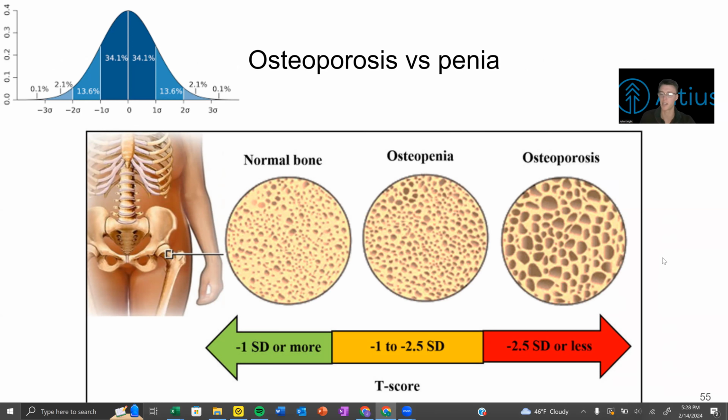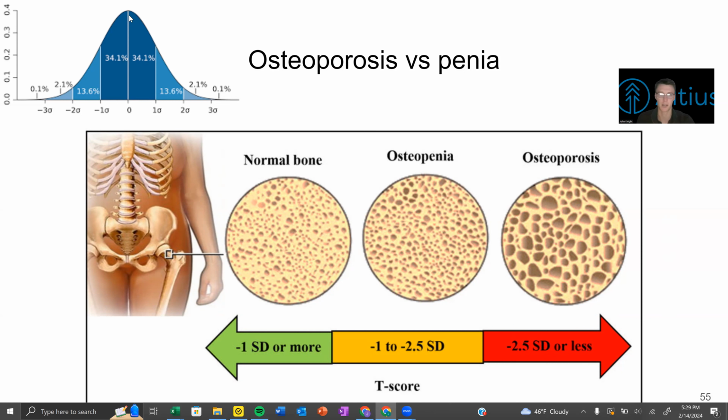So if you get a DEXA, you'll get a little sheet with the impression on it, and it should give you a T-score here. And it'll give you a number anywhere from 0 up to the highest one that I've seen, which is like a 7, okay? And what those numbers relate to is standard deviations, okay? And this is a statistics term here, so bear with me. Right in the middle, imagine this is your whole population, okay?